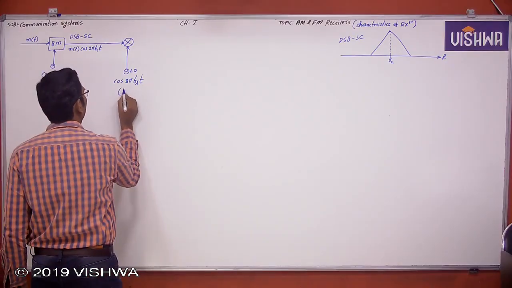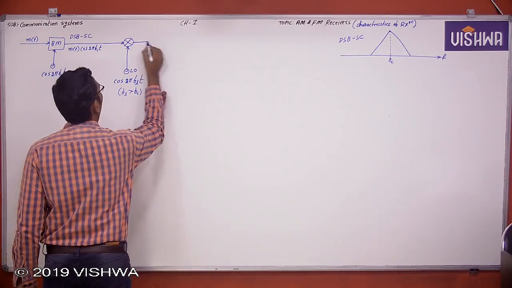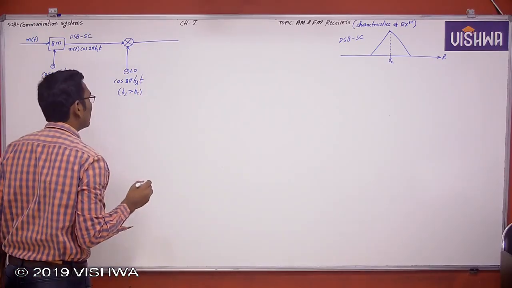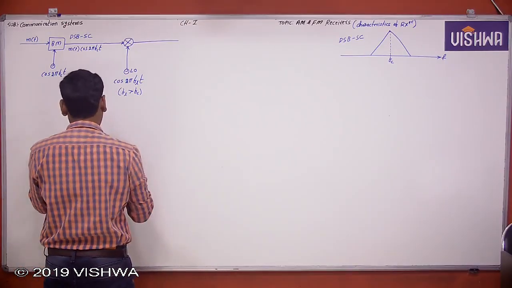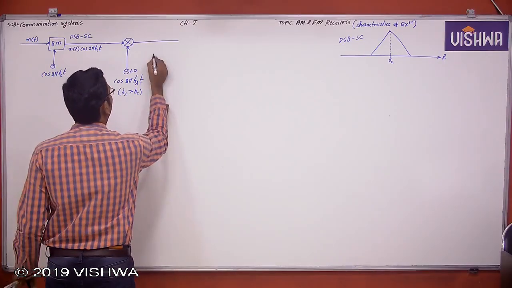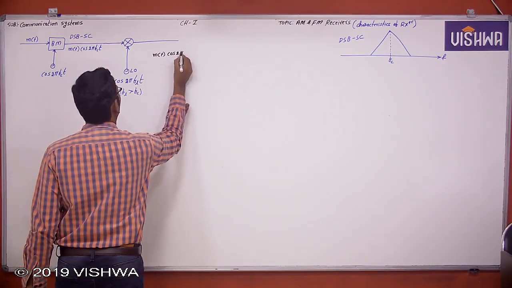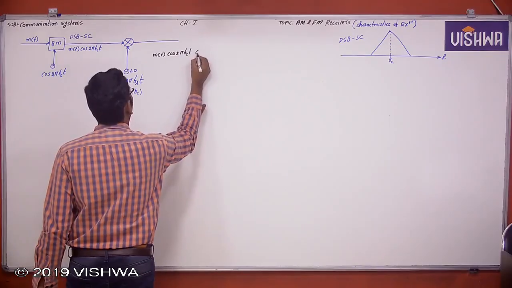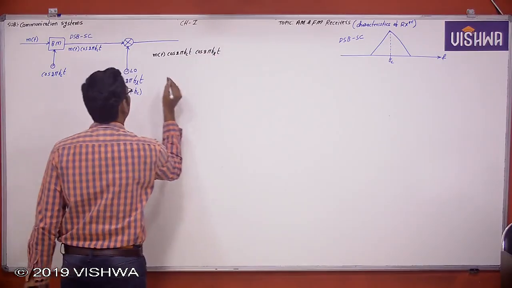Let us assume this FL is greater than Fc. Now what happened here? This is m of t multiplied with cos 2 pi fct, multiplied with cos 2 pi fl into t.